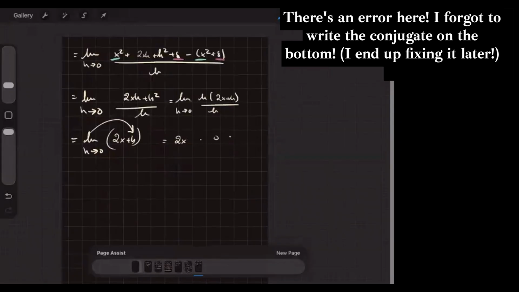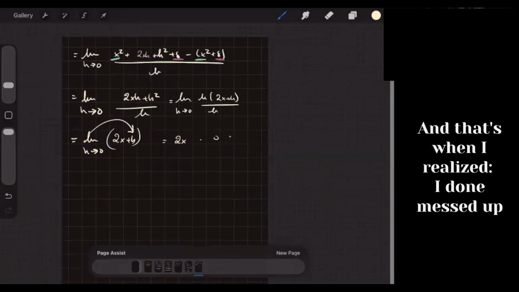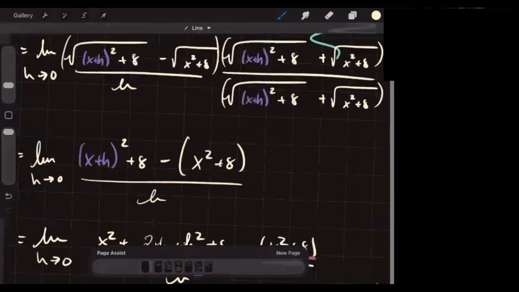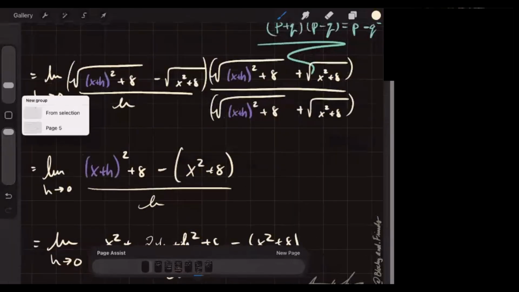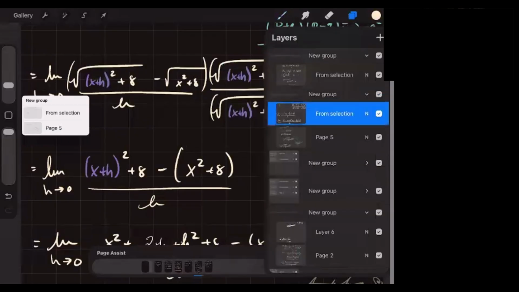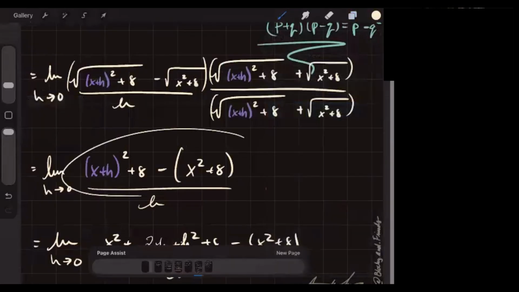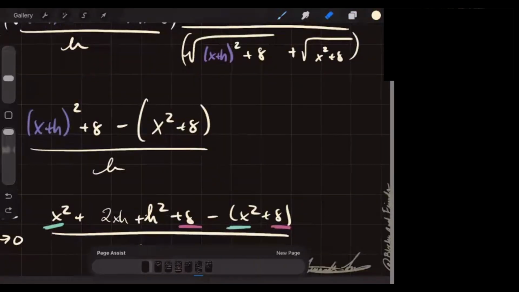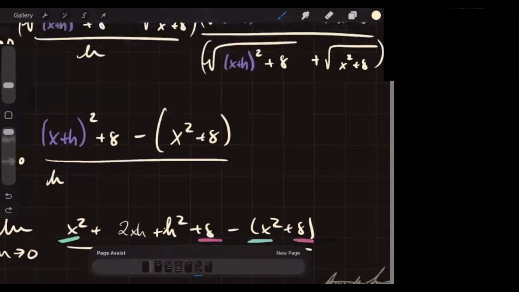I'm gonna sanity check my work really quick. Okay, sorry, I made a little goof. So once you do this, right, you're gonna end up with a p plus q, p squared minus q squared business. And, hear me out, this, because you multiplied on the top and the bottom.